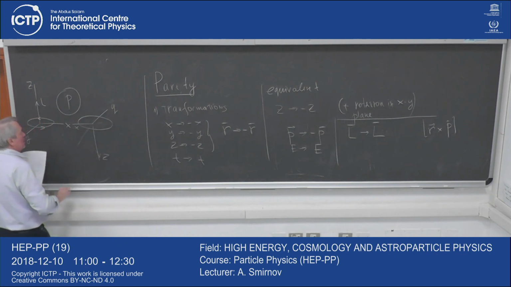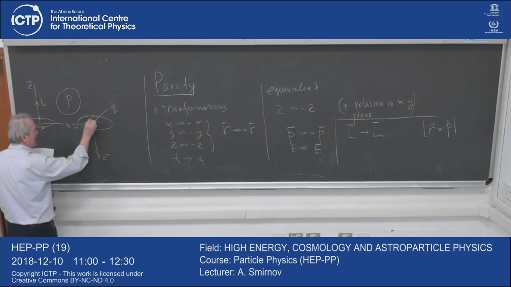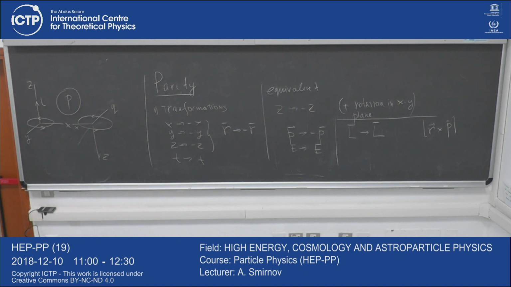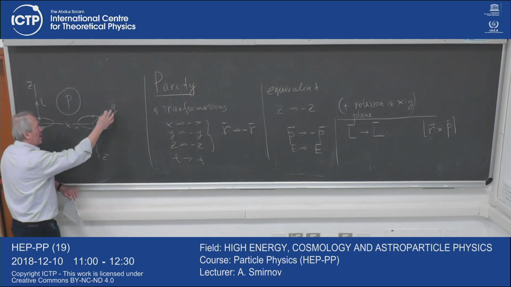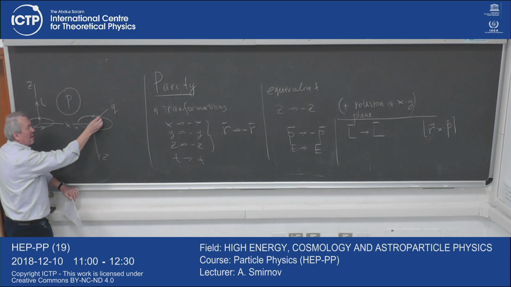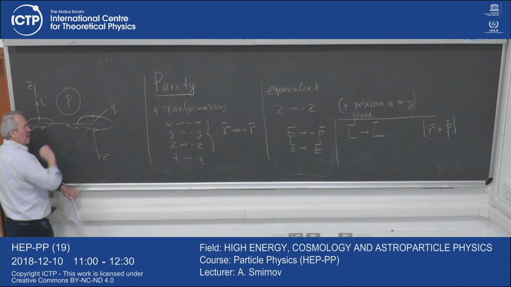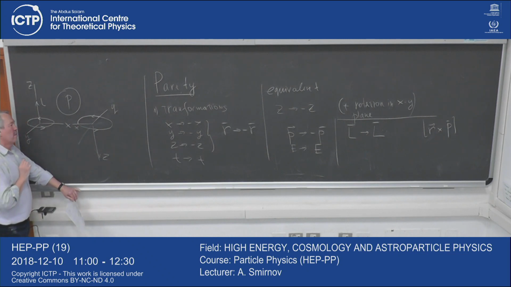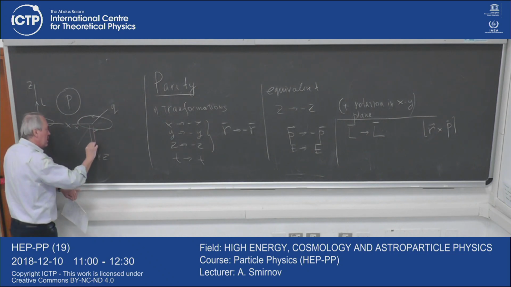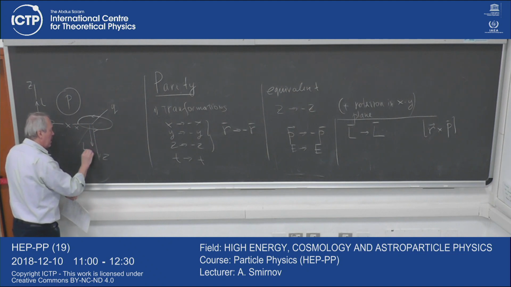So I transform coordinates. The rotation is in the plane. In this transformed frame, if you are sitting here, you just should turn your head down. What you will have is again a rotation from Y to X. And therefore you say that my vector L should be along the axis Z, right, in this way.